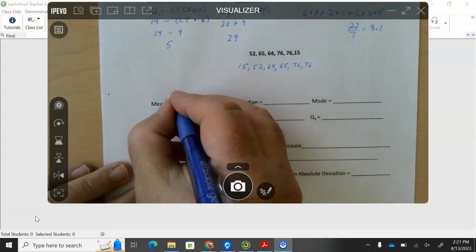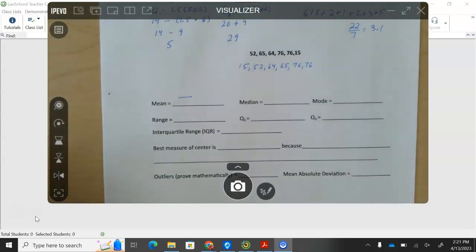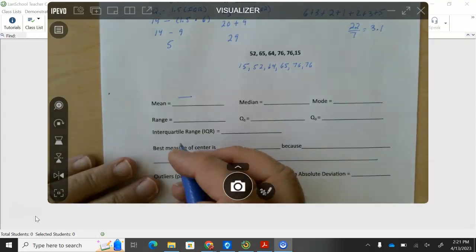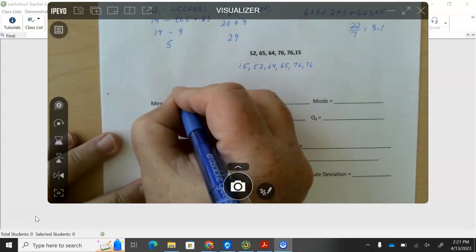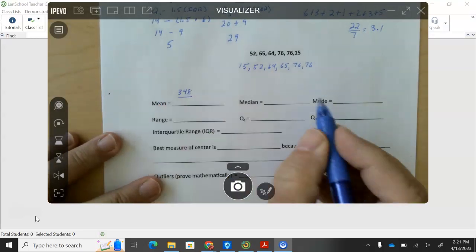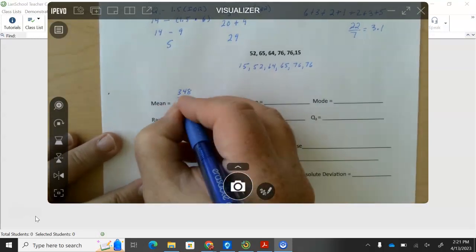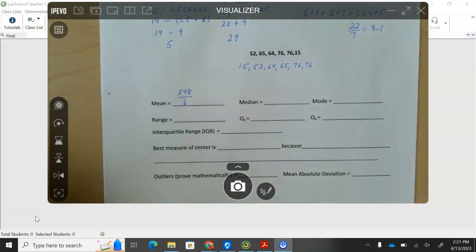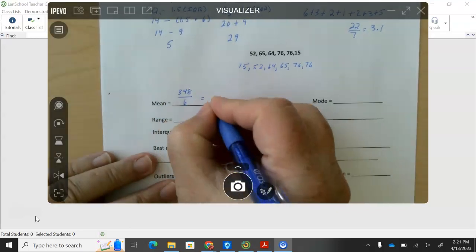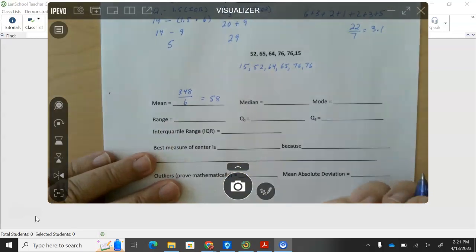So I'm going to go ahead and find my mean. My total. And we're talking about 6 numbers, divided by 6. Our mean is going to be 58.